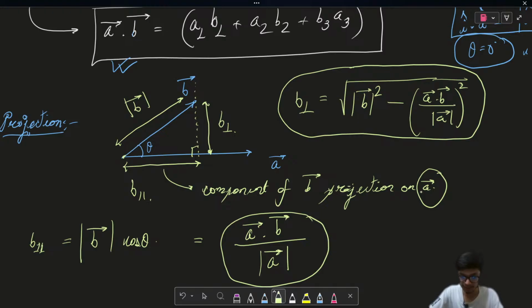Alright, so this part is clear. So if this part is clear, then the most important part of understanding about the component or the geometrical implementation, I think it is clear to all of you, right? So this will basically help us to understand in solving questions regarding vector products.